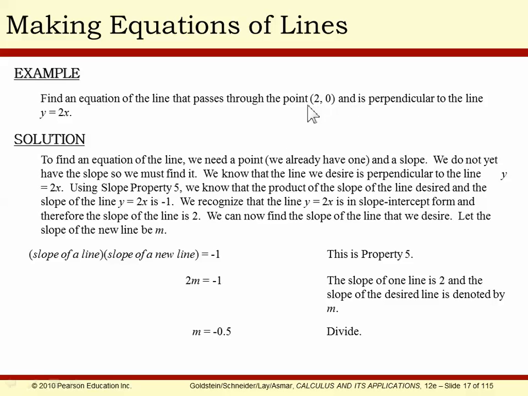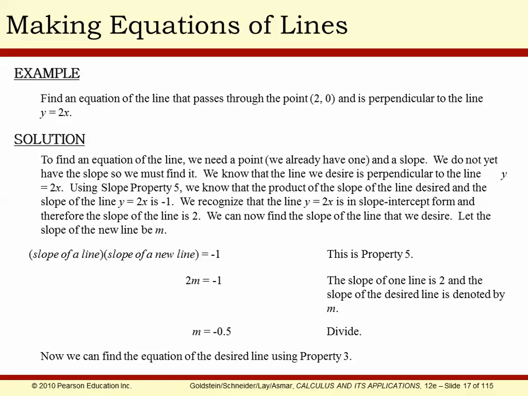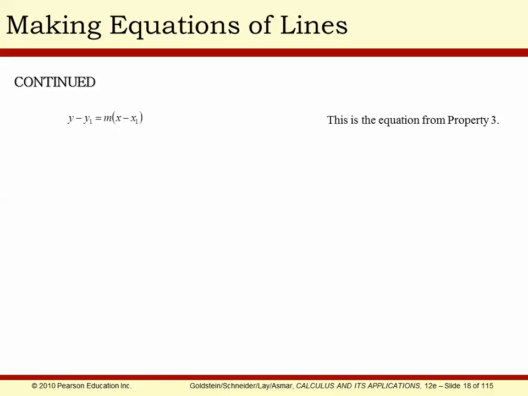So we can use property 3, using the point (2, 0) and a slope of -0.5. So the x coordinate is going to be 2, the y coordinate is going to be 0. The slope is -0.5. If we want to write it in slope-intercept form, we distribute the -0.5, and we wind up with this as our final answer. Okay.